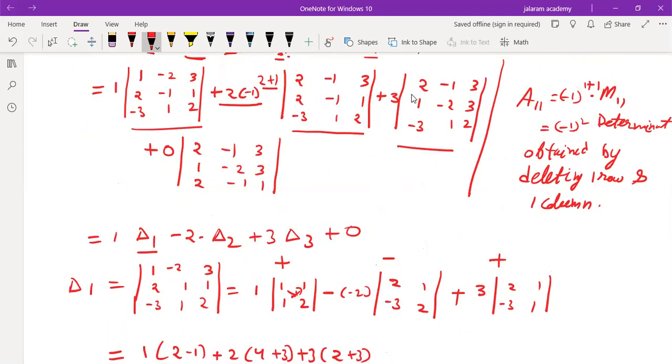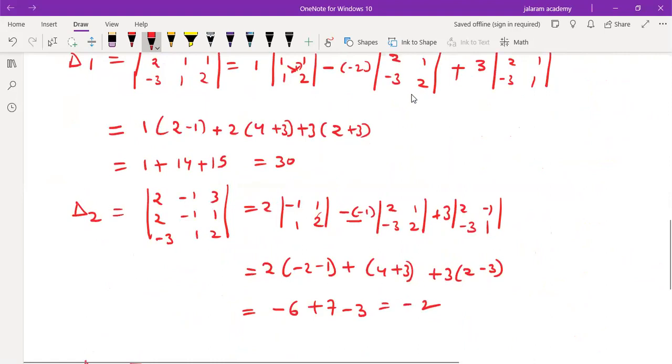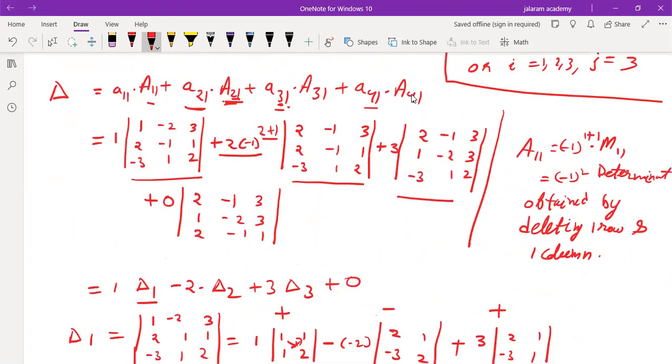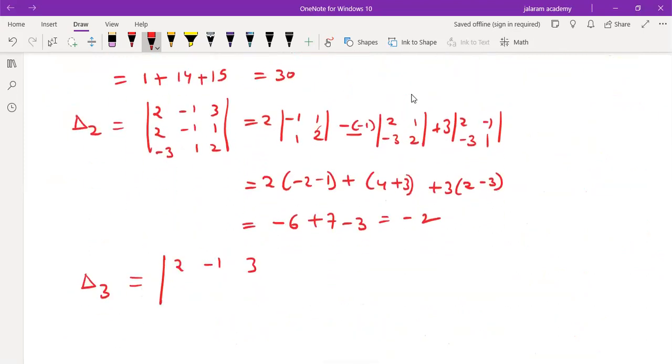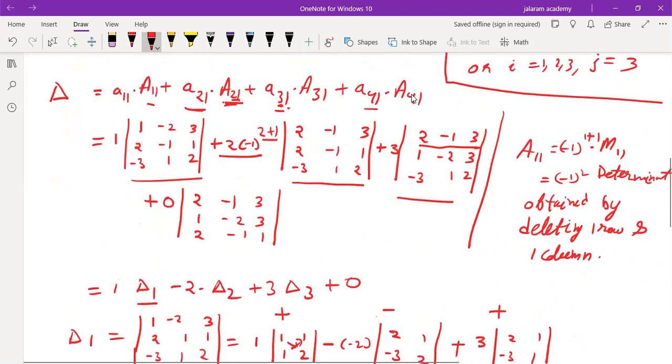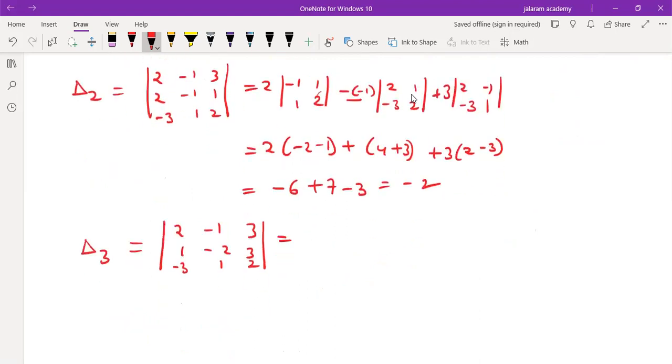Delta 3 means the value of this determinant, 2 minus 1 3, 2 minus 1 3 delta 3, 1 minus 2 3, next minus 3 1 2, equals to, then we expand it along the first row, 2 into the determinant obtained by deleting first row first column, that is minus 2 3 1 2.